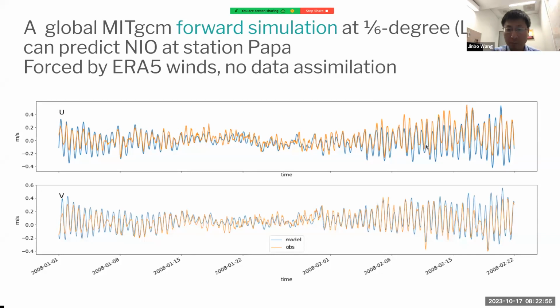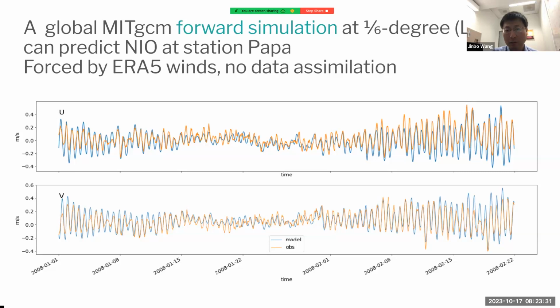And the most impressive part is the phase match between the two. Of course, in reality, we do have a little bit of mesoscale and mean circulation. We cannot match exactly, but the ability of the forward forced ocean simulation to reproduce the station papa near-inertial oscillation gives us hope that a little bit of data simulation will help match the Odyssey observations and the reality.